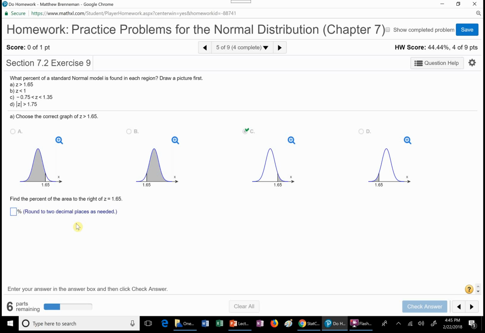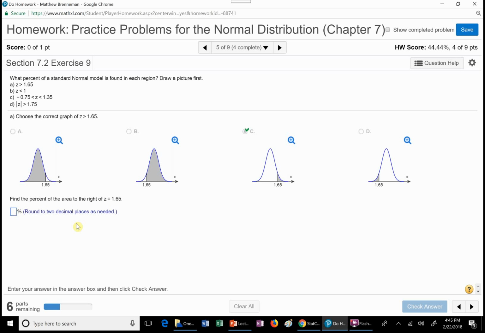How would we find that? Again, there's a couple different ways of doing that. There's actually 3 different ways. How are you finding the percentage?